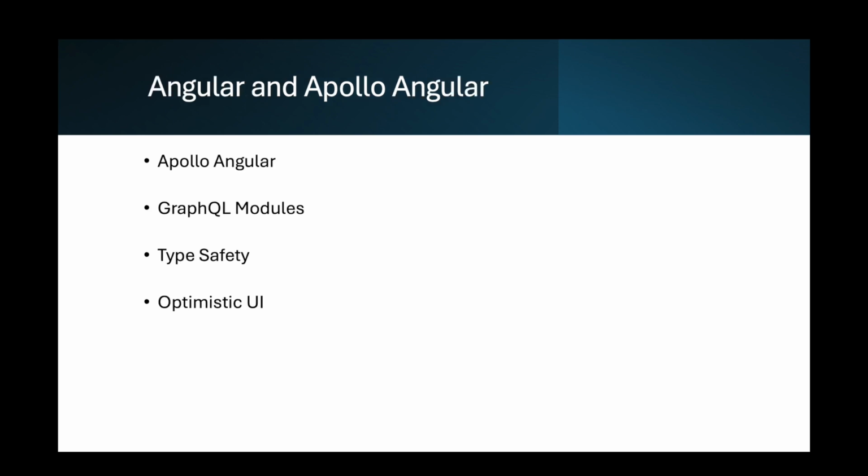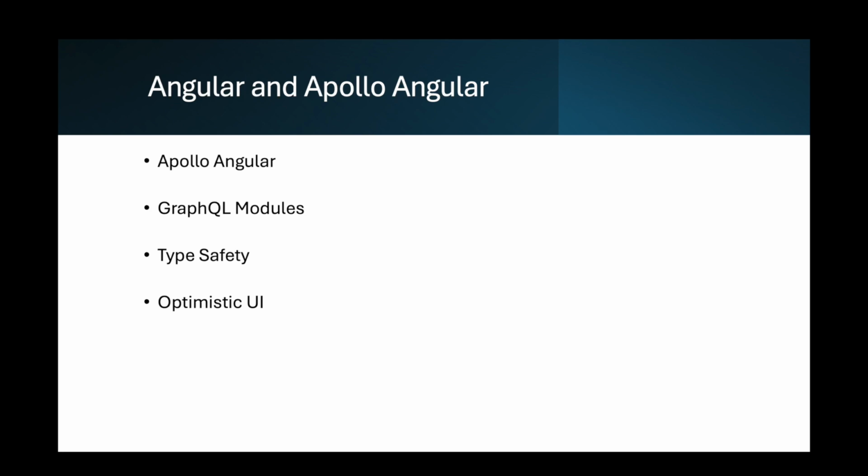How about Angular and Apollo Angular? With Apollo Angular, you can integrate GraphQL APIs with Angular applications using Apollo Angular, a GraphQL client for Angular. You can use GraphQL modules, where you can organize your GraphQL code into modules using Apollo Angular's support for GraphQL modules to improve code organization and maintainability.